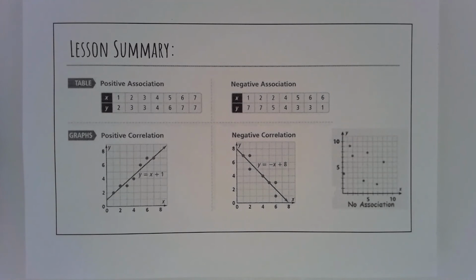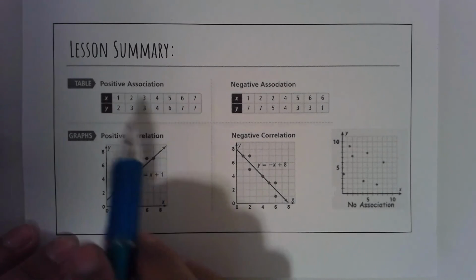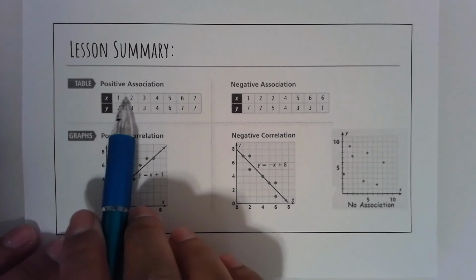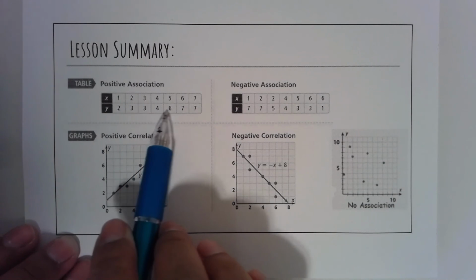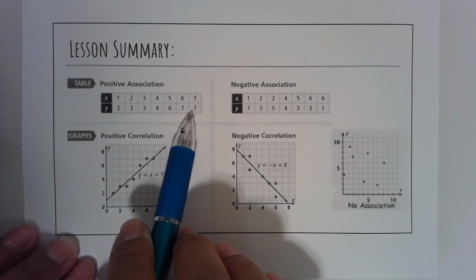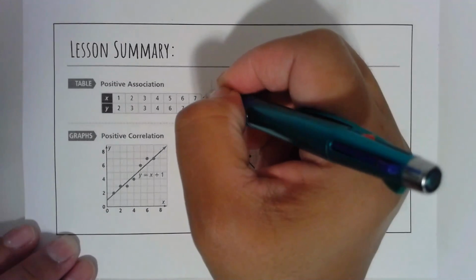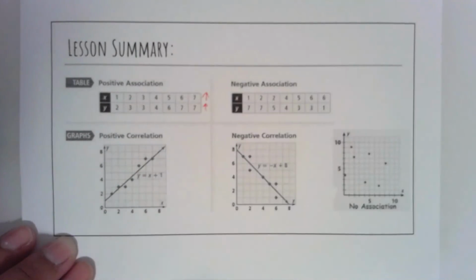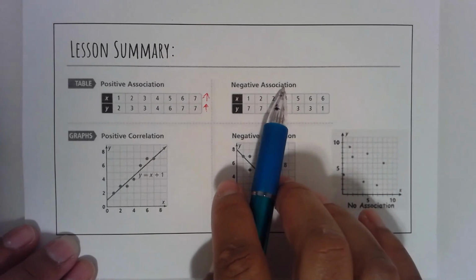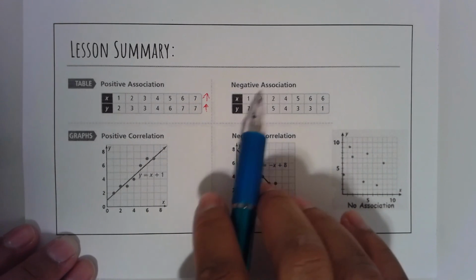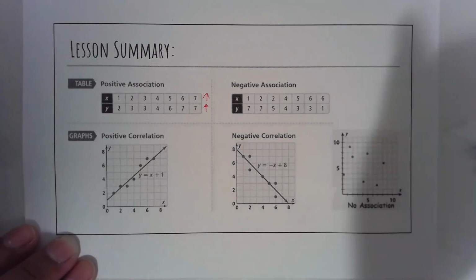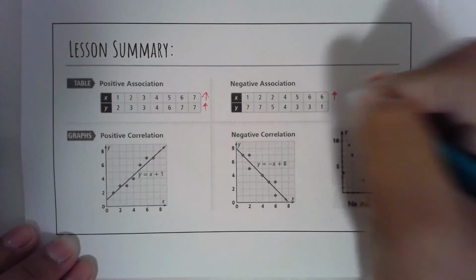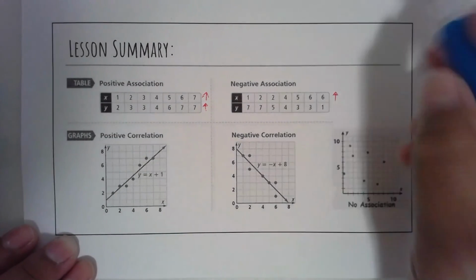All right, so let's summarize. If a relationship has a positive association, you will see that both the x variable and the y variable will be increasing. This one is going up as this one also goes up. If it's a negative correlation or association, you will see that as x is increasing, y is decreasing.